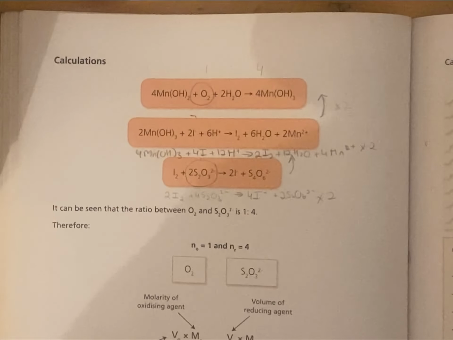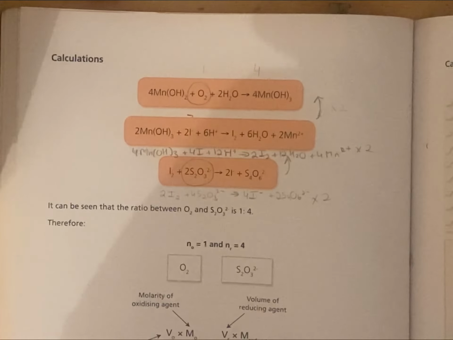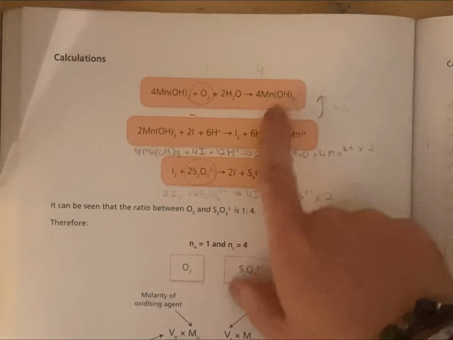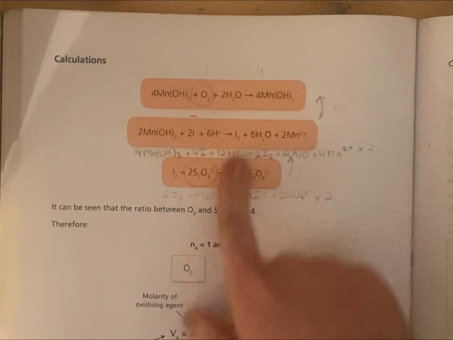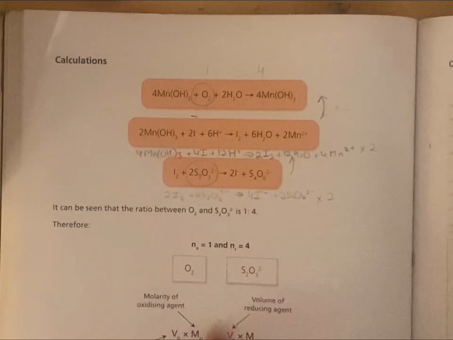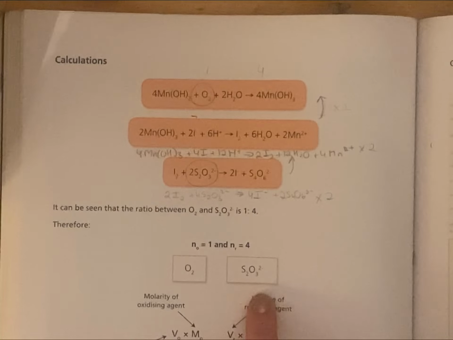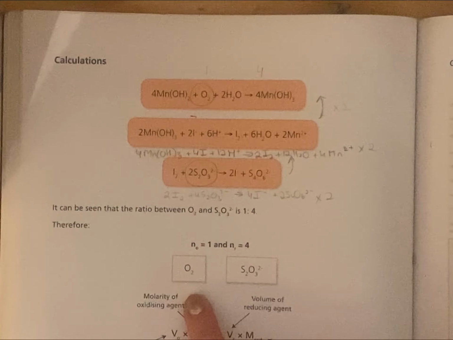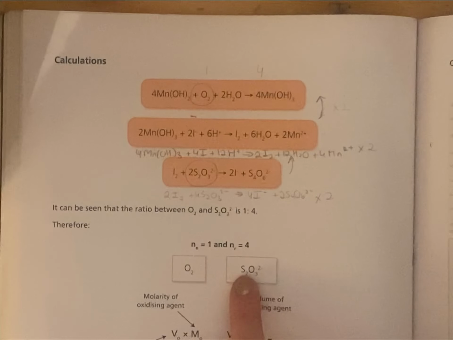So now we're going to be looking at this section here. So here are the equations or the reactions that are happening within this experiment. We are linking the reducing agent and the oxidizing agent together. The oxidizing agent is the oxygen, the reducing agent is the thiosulfate.